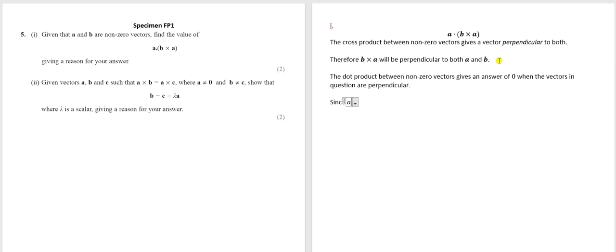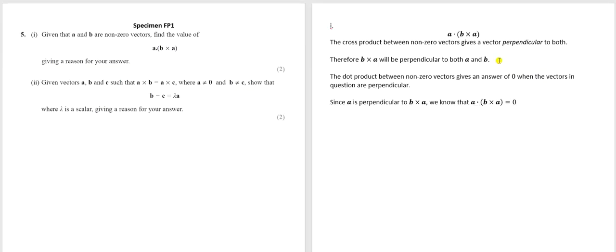So we can now say that since the vector A is perpendicular to the vector we produce when we do A cross B, or rather in this case B cross A, we know that A dot B cross A must be equal to 0.